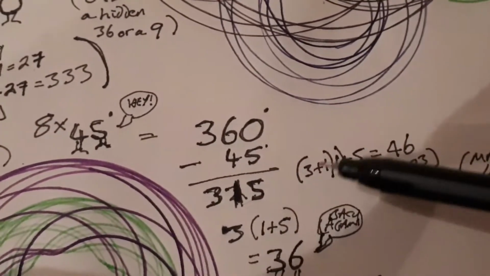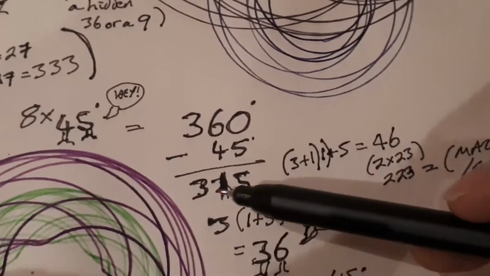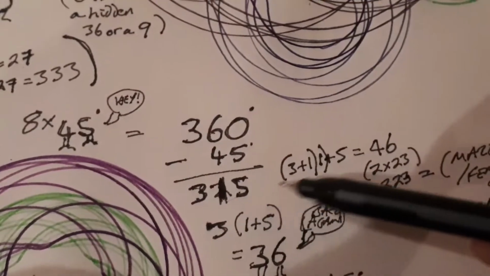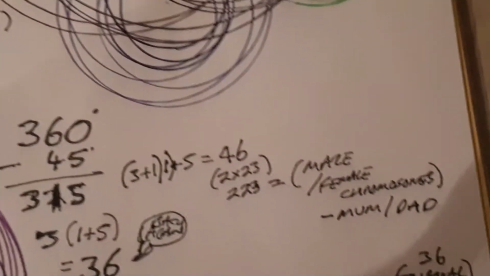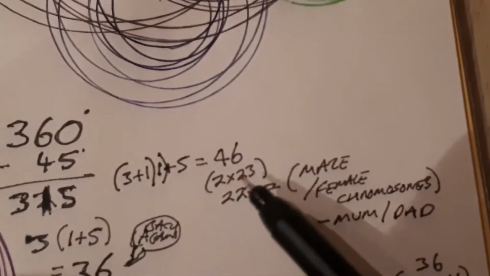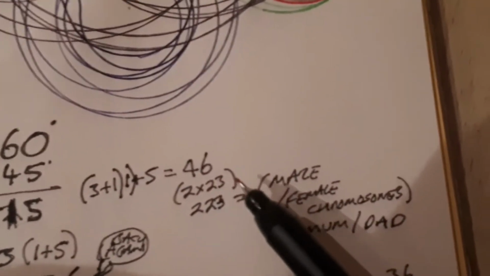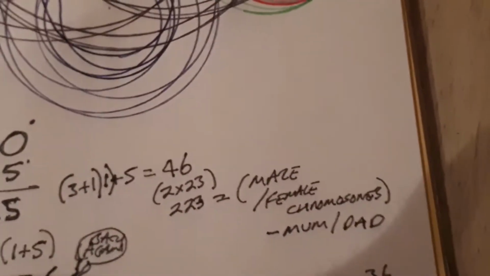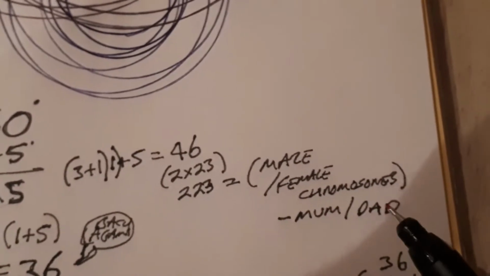Also, if you use the 1 both ways, 3 and 1, you've got 46. 4, 1 plus 5, 6, 46. 2, 2, 3. 2 times 23. Male, female chromosomes is what we all are.